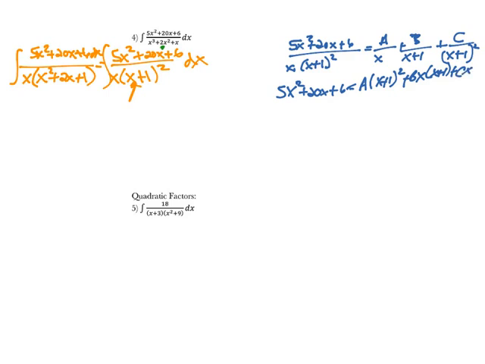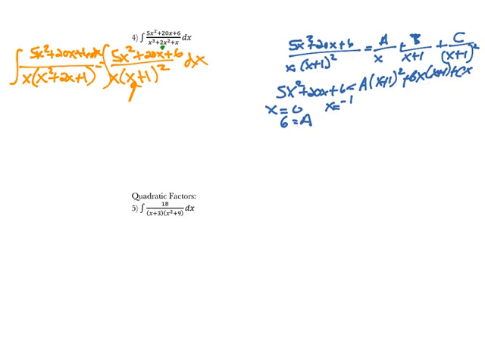So I know I can let x equal 0, and that gets rid of the c and the b and lets me solve for a. So if x is 0, I just get 6 equals a, because 0 plus 1 is 1, squared is 1. If I let x equal negative 1, I'll get rid of the a term and the b term.